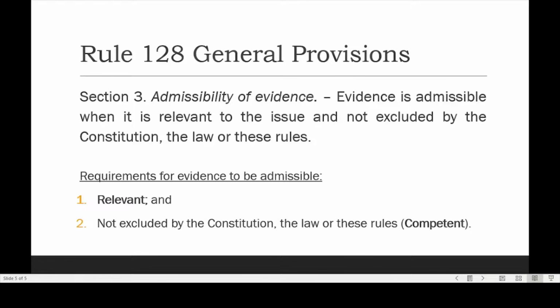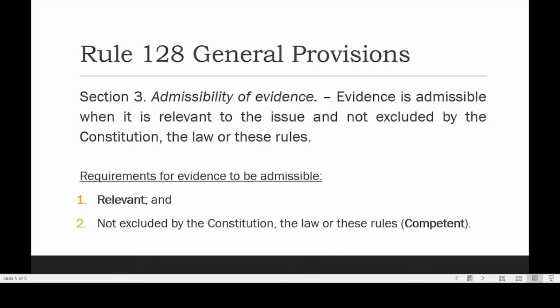So this section is telling us that in order for a particular evidence to be admissible, it must be relevant to the issue and it must not be excluded by the Constitution, the law, or these revised rules on evidence.